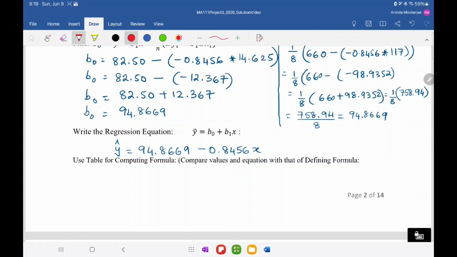That means x and y are inversely related, right? As x increases, y seems to be decreasing. That's what the equation is telling us. So now we will do the same calculation using the computing formula, and we should come up with the same values for b sub 0, b sub 1, and therefore the same regression equation.